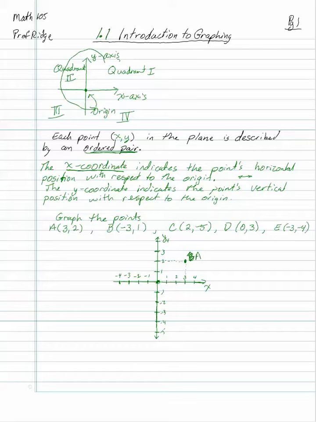And B is negative 3, so we go left 3, and then the y-coordinate's 1, so we go up 1. C is (2, negative 5), so we go right 2, down 5: 1, 2, 3, 4, 5.